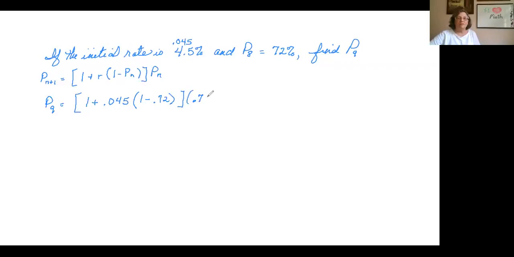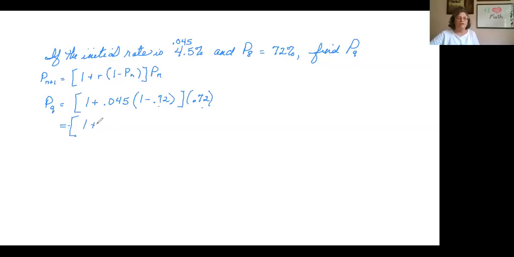And this is also going to be multiplied by 0.72. This is always the difference between that and 1, and this is always the original number. So if this is 0.72, this is going to be 0.28. The two of these will always add up to 1, or 100%, sorry.